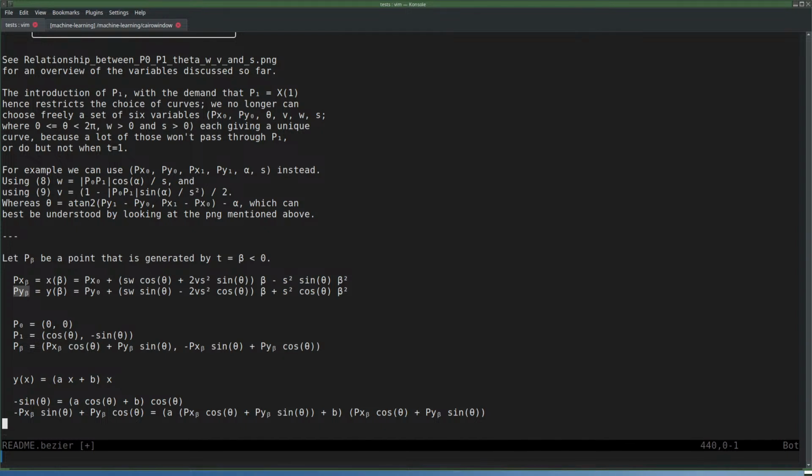Probably that's what I want. So we have to solve A or B and then fill that in the other. And now we get a mess again. A huge mess, but at least then I can write this one down. So yeah, it's gonna be huge. I should use Mathematica for this, I think.